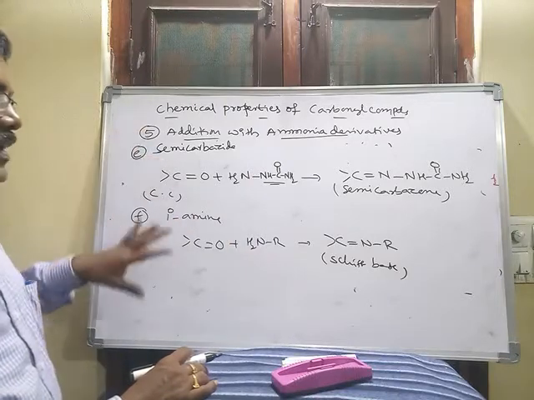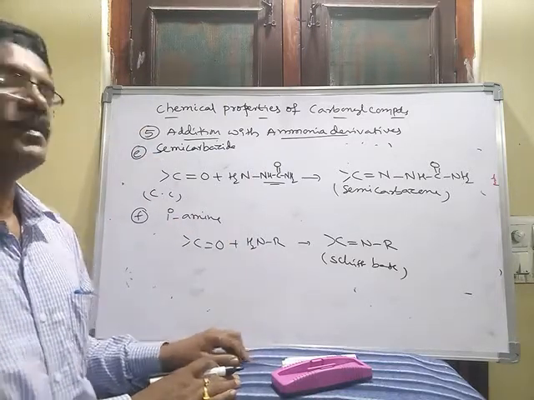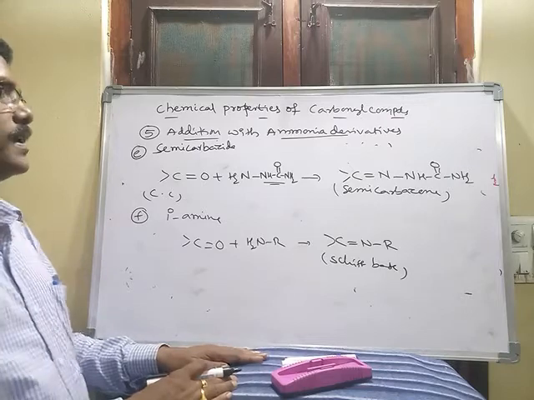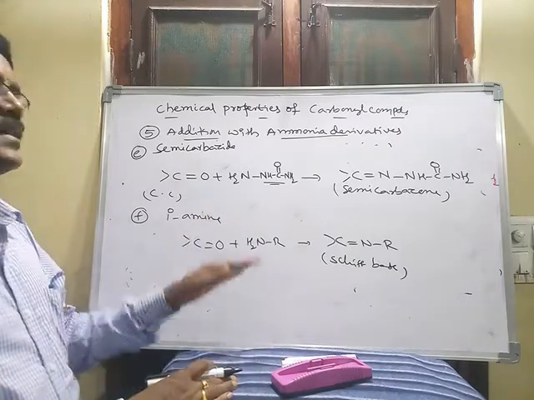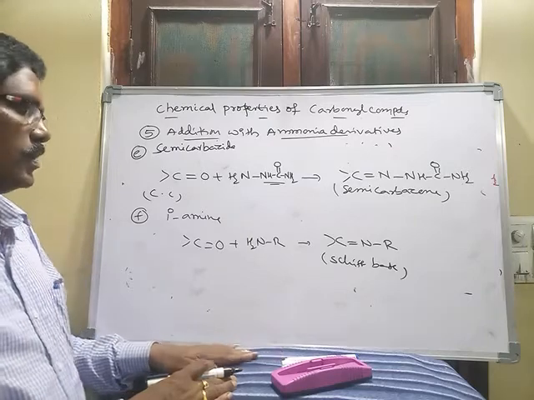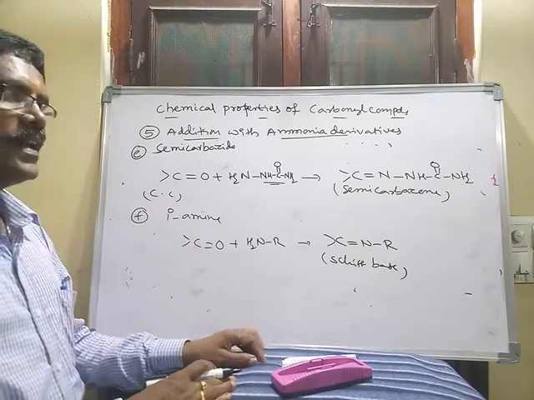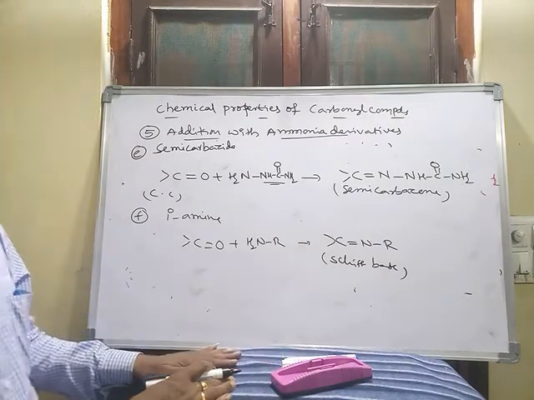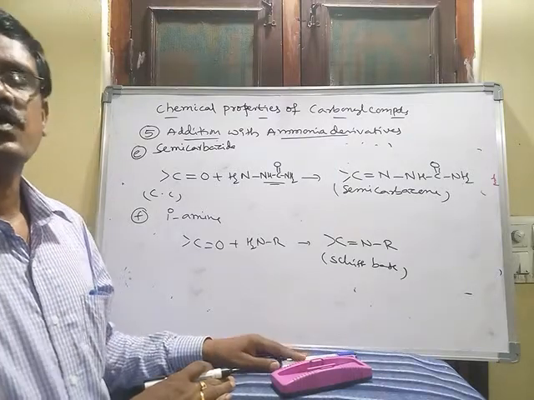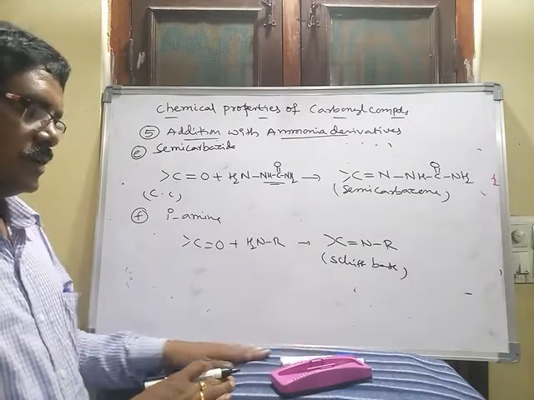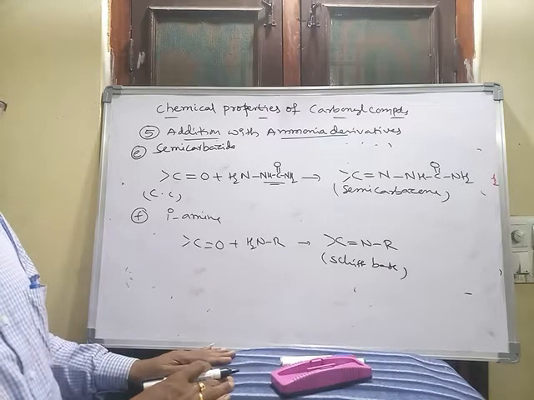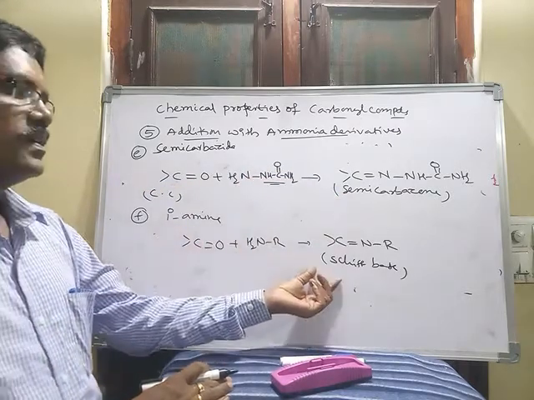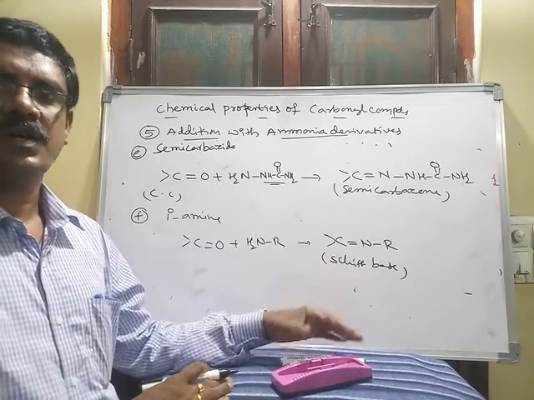From these, the carbonyl compound reacts to form an addition-elimination product. Hydroxylamine forms an oxime, hydrazine forms a hydrazone, phenylhydrazine forms a phenylhydrazone, and 2,4-DNP forms 2,4-dinitrophenylhydrazone, a yellow or orange precipitate. Based on that we can distinguish carbonyl compounds by the 2,4-DNP test. Semicarbazide gives a semicarbazone and primary amines give the Schiff base. This is today's class completed.